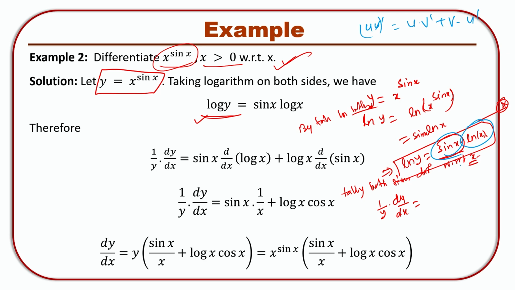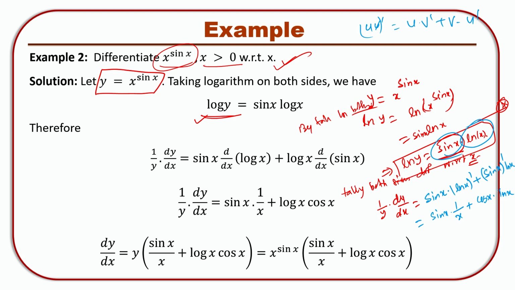So here we use the same thing. This will be sine of x into the derivative of ln of x, plus the derivative of sine of x into ln of x. So sine of x into 1 by x, plus cos of x into ln of x, right?